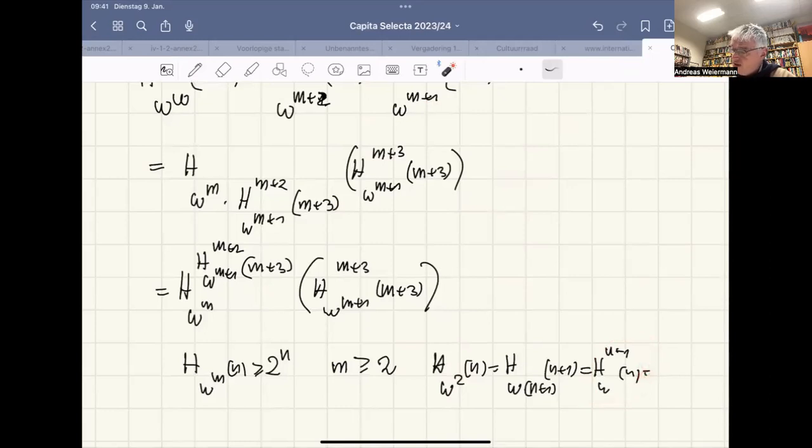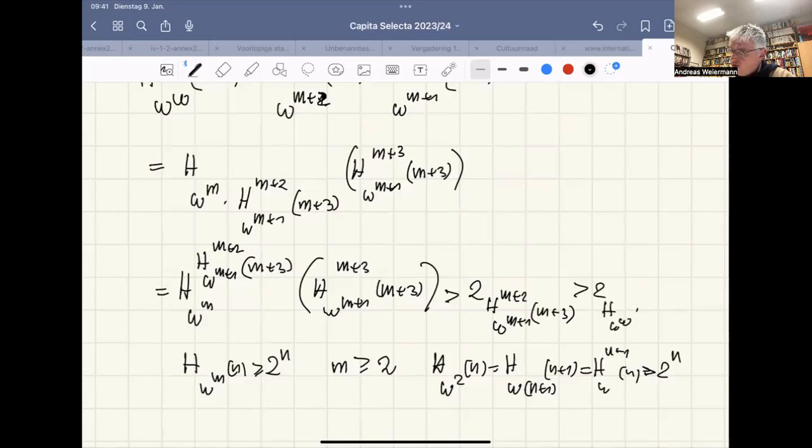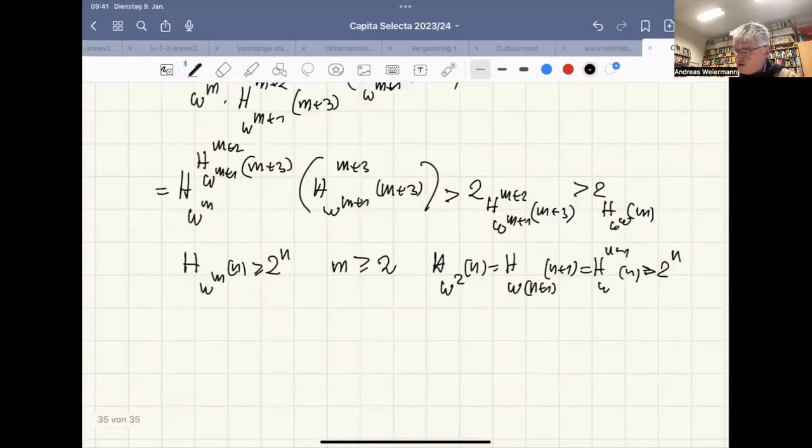So this is strictly bigger than 2 to the n. So this function is an exponential function iterated so often. So this is bigger than 2 index h omega m plus 1, m plus 2, m plus 3. And this is bigger than 2 h omega to the omega of m. That's interesting, but was a problem which was fixable.